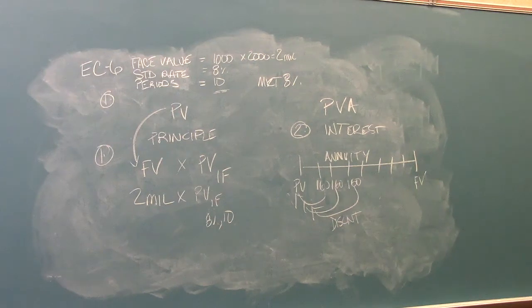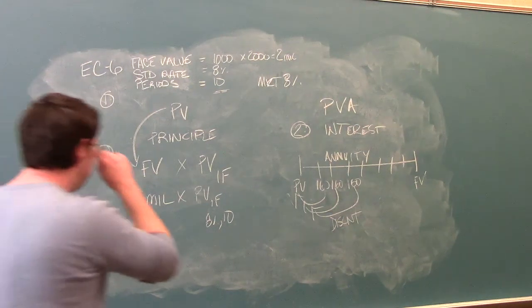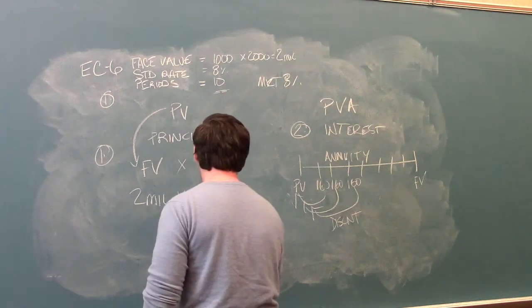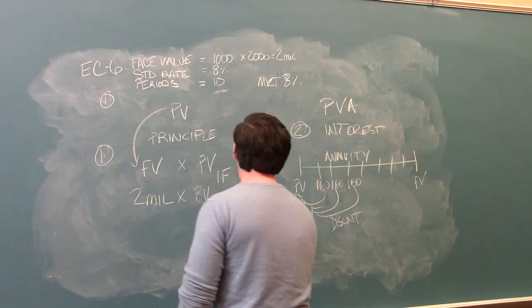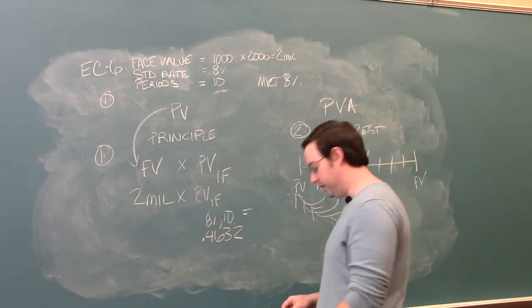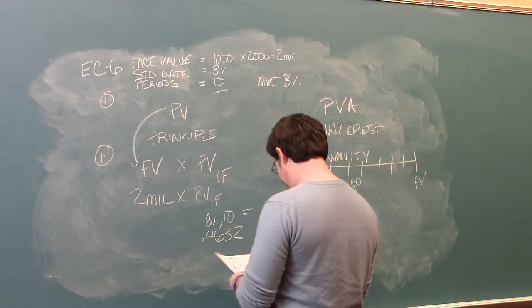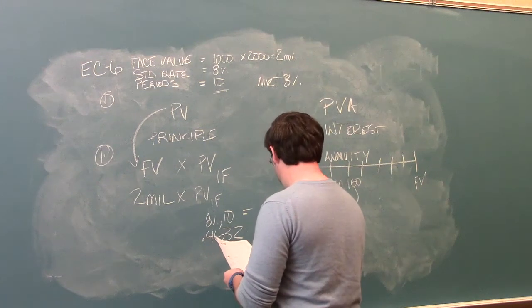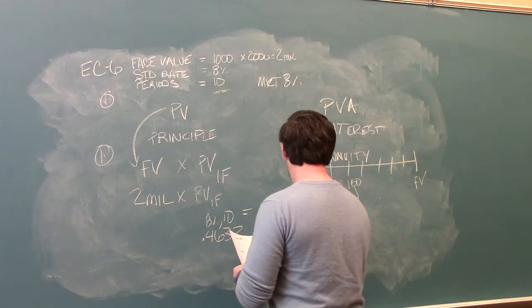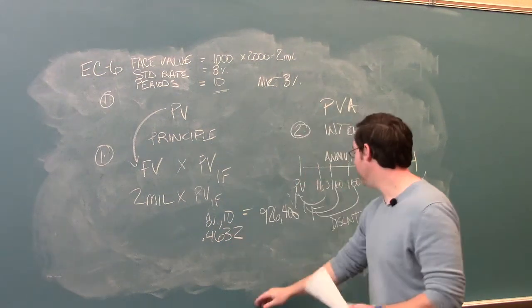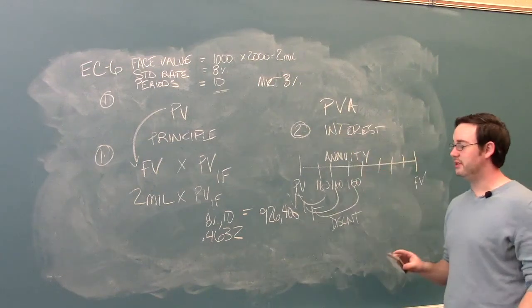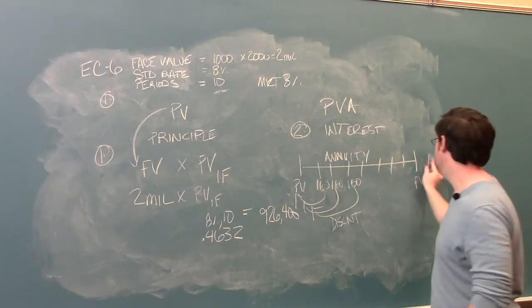And we find that our present value factor is 0.4632. So multiply this out by 0.4632, and we get the principal portion to be worth $926,400. Okay? I'm going to erase this so that we can do the second step, which is the interest portion.